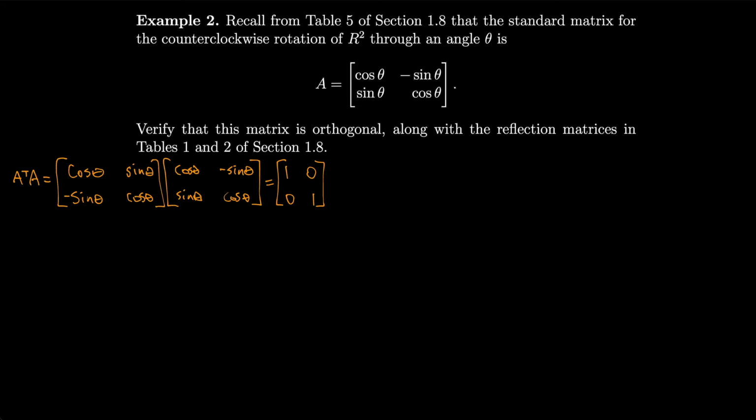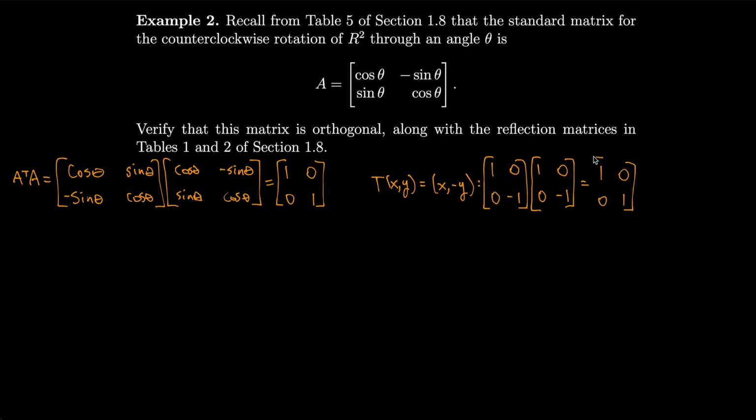If I also look at the reflection matrices, let's see where we have the matrix that takes x, y and sends it to x, minus y. Then we need to look at 1, 0, 0, minus 1 and its transpose. Notice that the transpose is the same thing in this case. So we'll multiply those together, and we do in fact get the identity.